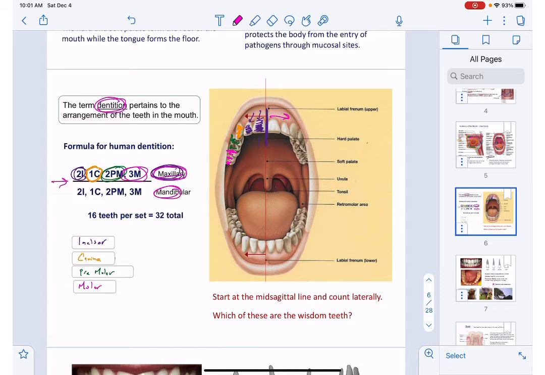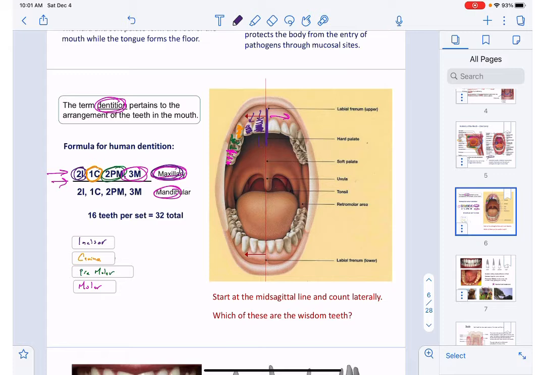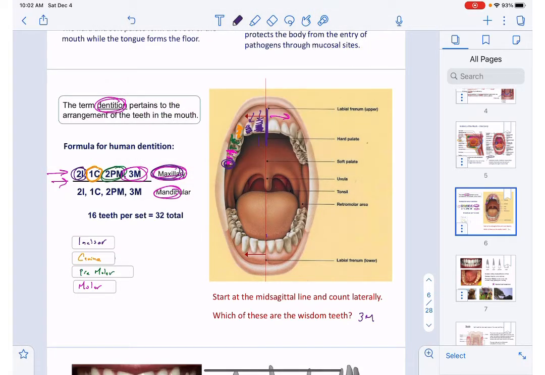Where do the wisdom teeth fall into this? Out of all these teeth, where do the wisdom teeth fall into play? Those are actually the third molar. And so they're these very last molars in the back. And then we can do the same for the mandibular set down below.